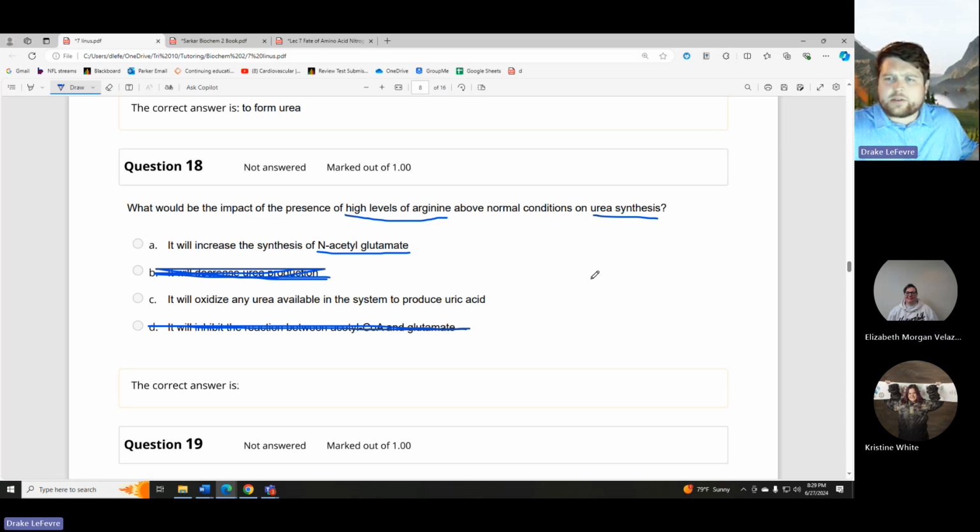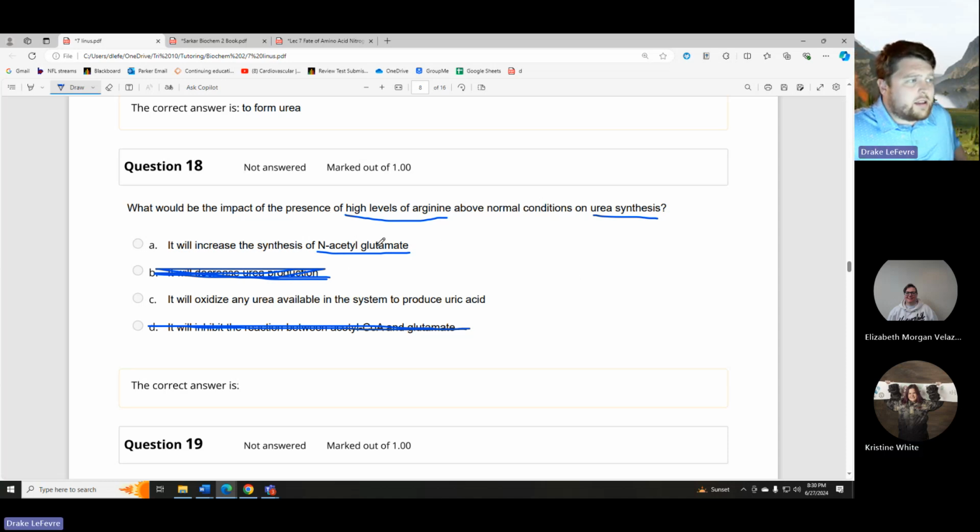Yeah, and what does that CPS1 do? Creates the, hang on. It allosterically activates something. You might have said it, and I just didn't hear it. The NAG.